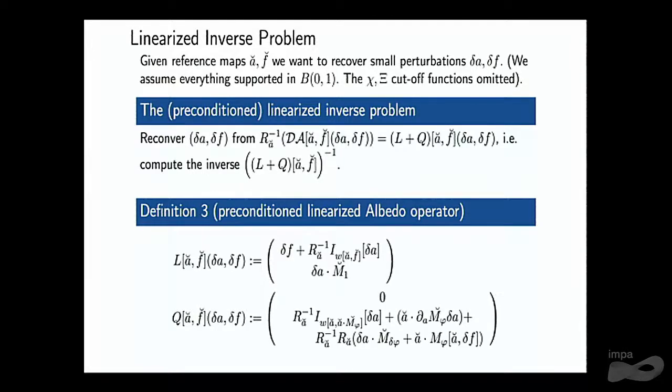So the idea was to linearize: consider some known reference attenuation and source, and then make perturbations of the attenuation, delta A, and of the source, delta F, and compute the derivative of this operator.